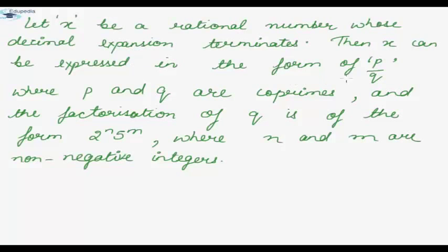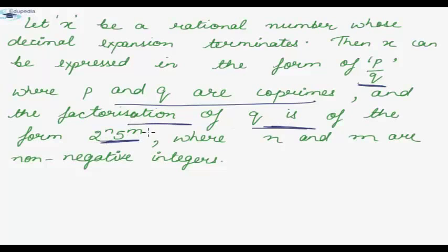Then x can be expressed in the form of p by q, where p and q are coprimes, and the factorization of q is of the form 2 raised to power n, 5 raised to power m, where n and m are non-negative integers. So we have a rational number whose decimal expansion is terminating.